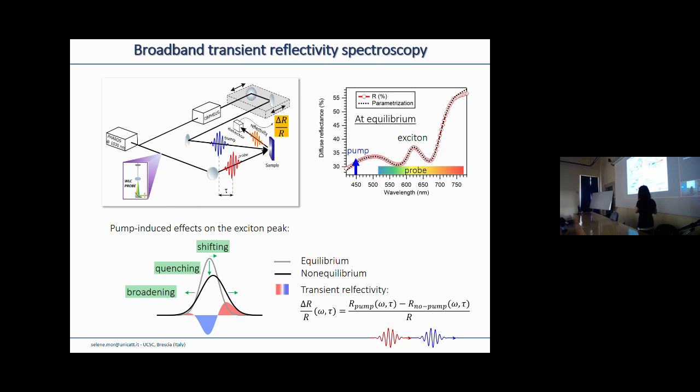Your equilibrium peak might be quenched, might be broadened due to dephasing and scattering processes, might even shift in energy. When you record such a transient reflectivity signal, you end up having positive regions where the transient reflectivity is increased, negative regions where the reflectivity is transiently quenched, and eventually nodes where the sign of the reflectivity changes.